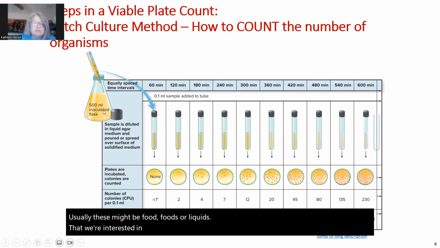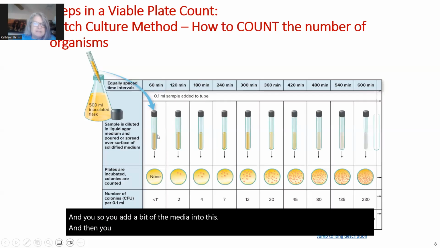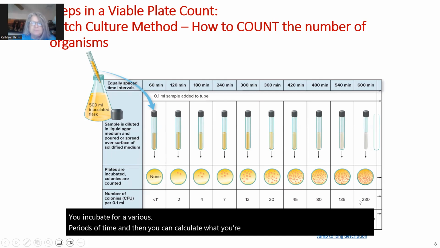So you do a series of dilutions. We call these serial dilutions. And you add a bit of the media into this, and then you incubate for various periods of time, and then you can calculate what your CFUs are.